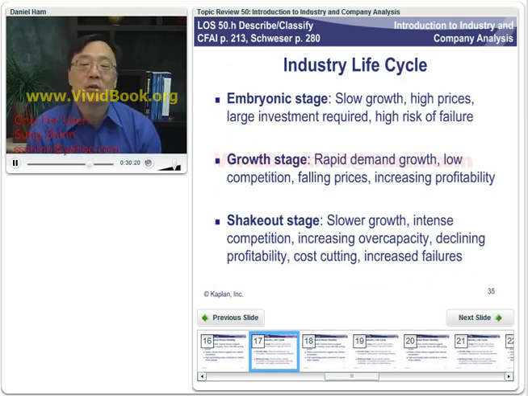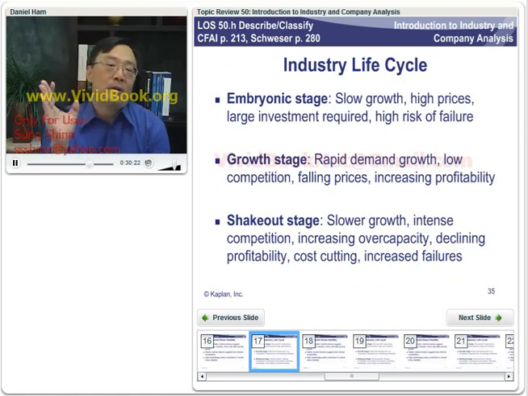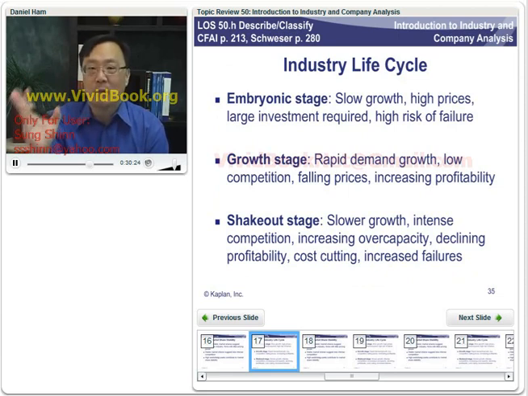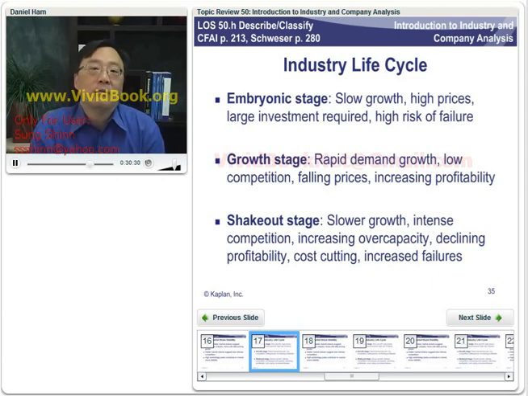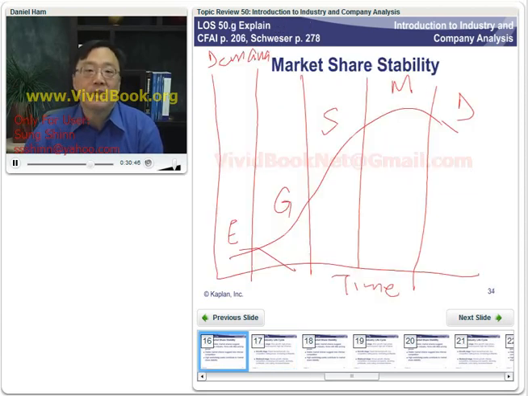In fact, if you look at the slope, the growth stage is the highest slope, so relative demand per time is growing really quickly. You still have very little competition, but competition is increasing. Prices are somewhat falling on a per unit basis, and profitability is increasing.